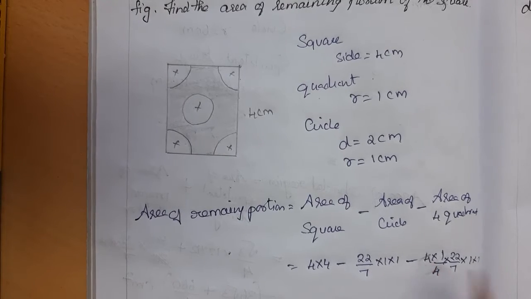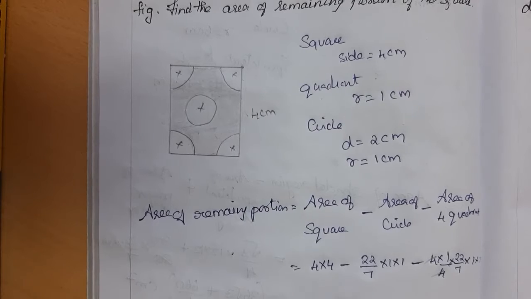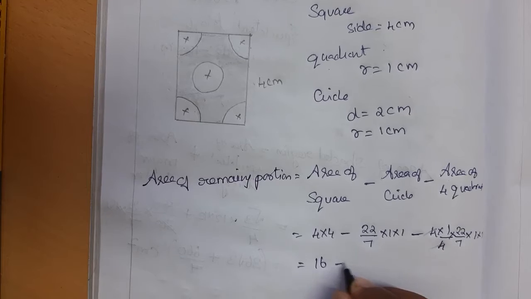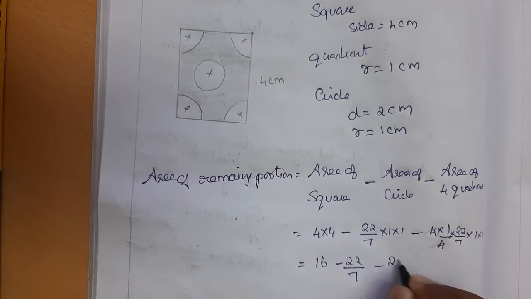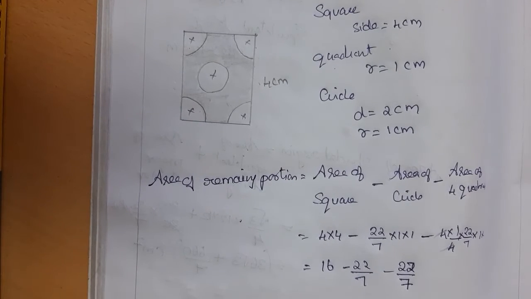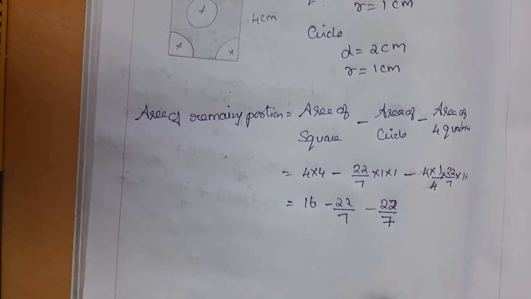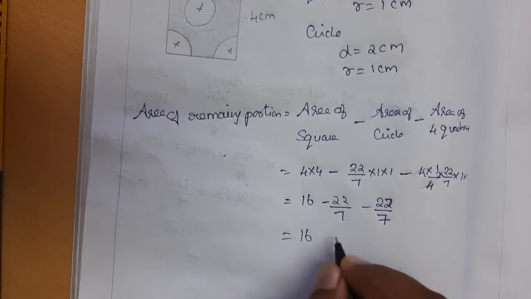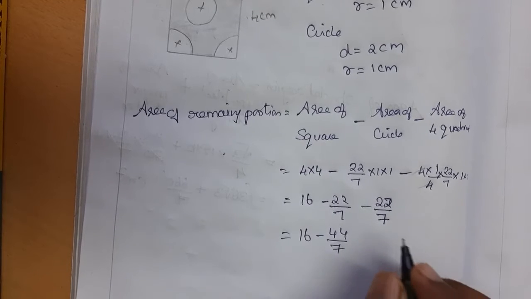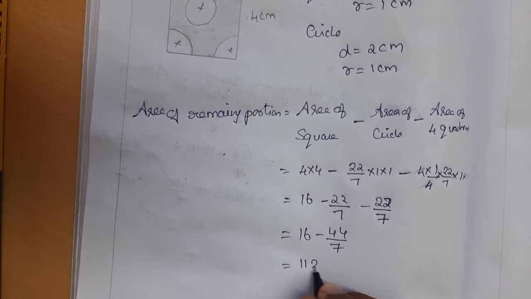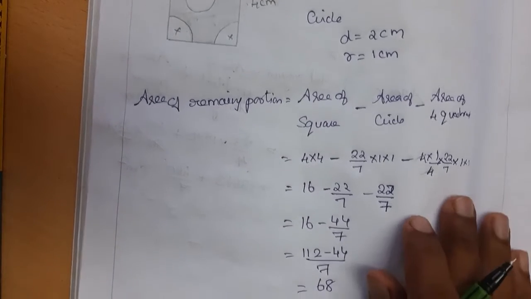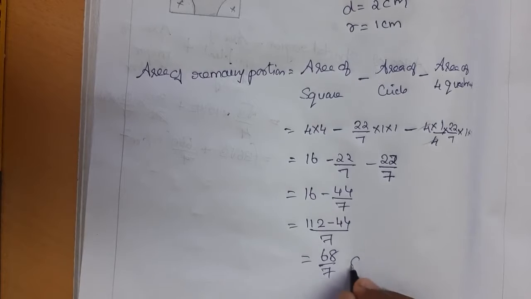So this 4 and 4 will get cancelled, and here 4 4s are 16 minus 22 by 7 minus 22 by 7. Clear? Now this already has the LCM. So 16 minus 22 minus 22 is minus 44 by 7. Now let me take an LCM. It will become 112 minus 44 by 7, which is equal to 68 by 7 centimeter square.